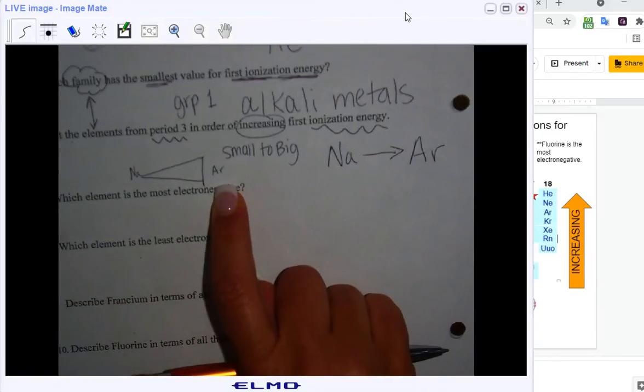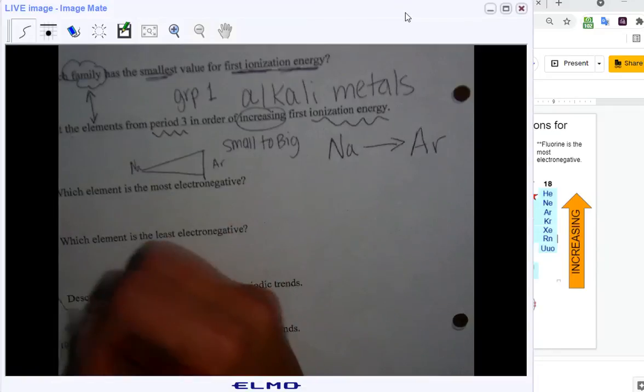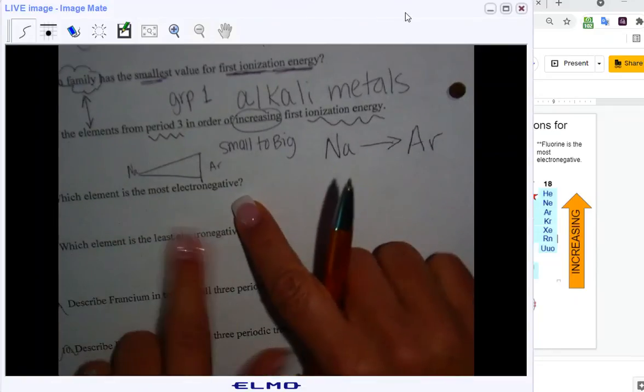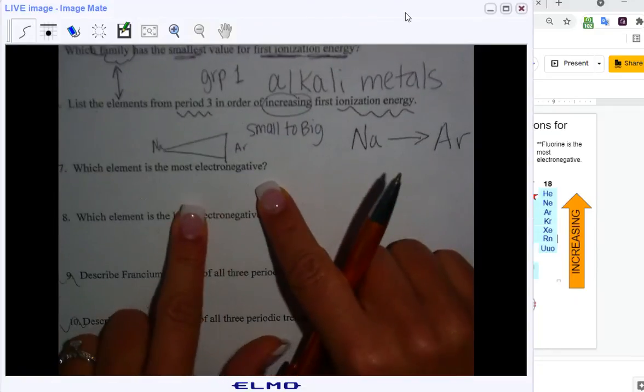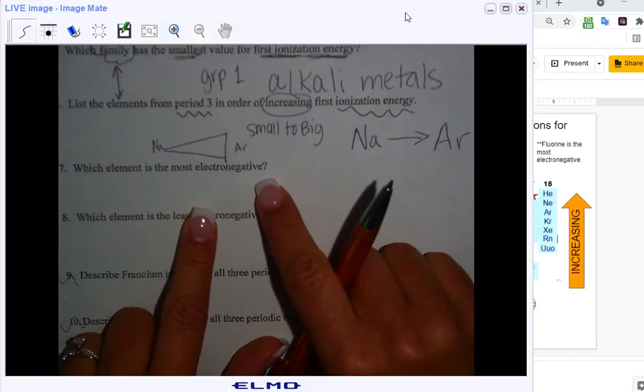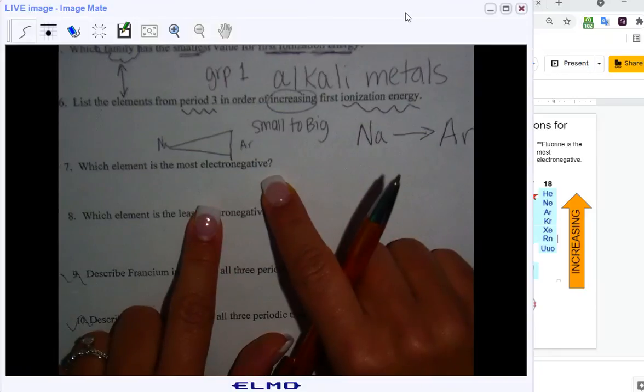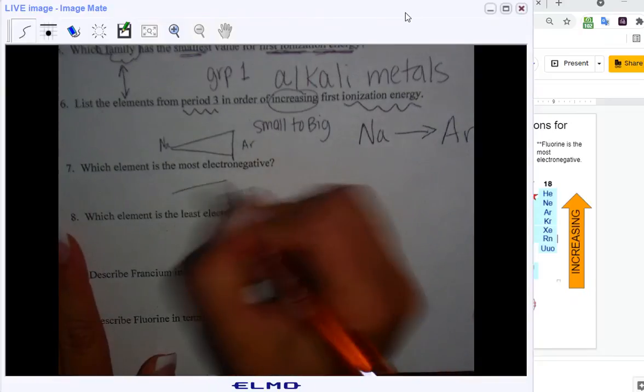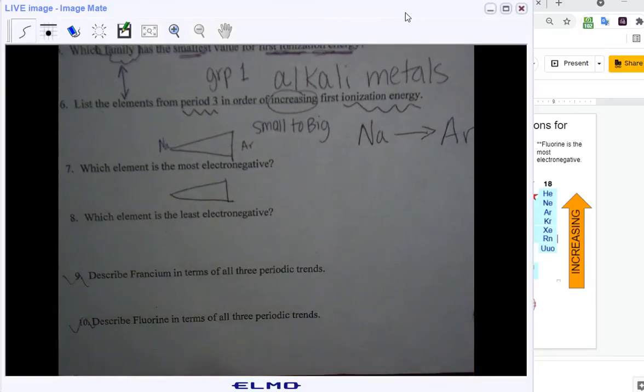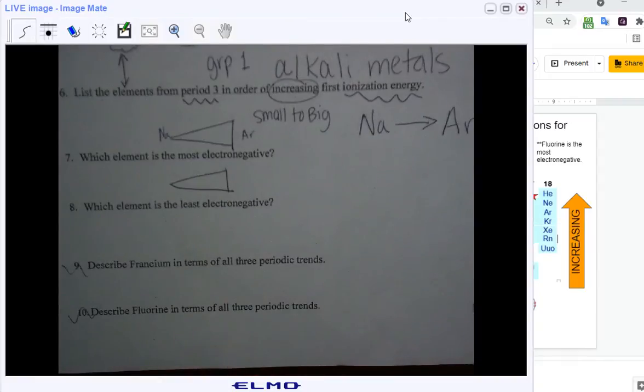All right. We're almost done. We're only going to do 7 and 8 because 9 and 10 I feel like are repeats. So we'll just do 7. Who's the most electronegative element? We circle them. Nope. So again, this is the ice cream cone, but we had to eliminate one of the groups.